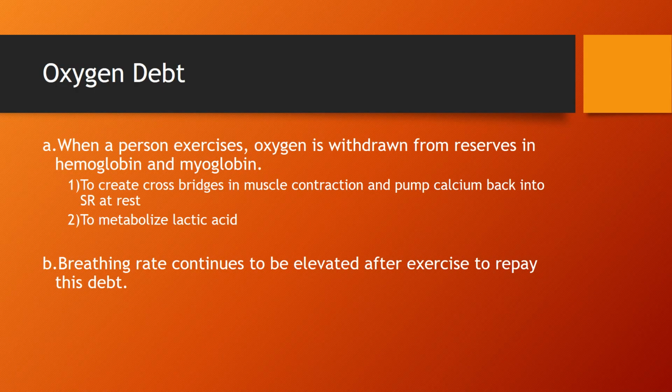The oxygen debt that occurs when an individual exercises is that the oxygen is actually coming from reserves in hemoglobin found on the erythrocytes and myoglobin found specifically within muscle, okay? And this helps to create the cross bridges in muscle contraction, and it helps to actively pump calcium back into the sarcoplasmic reticulum at rest.